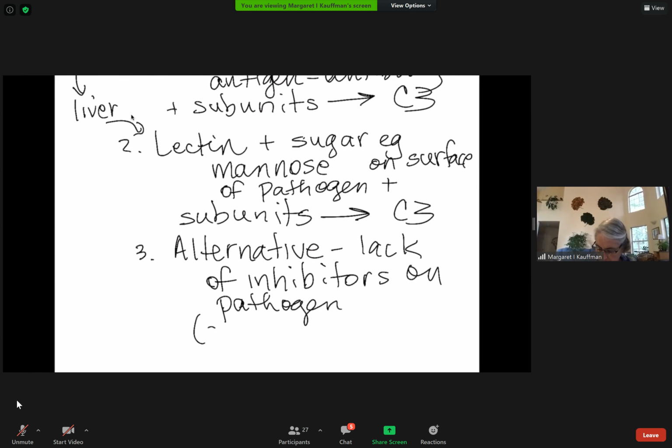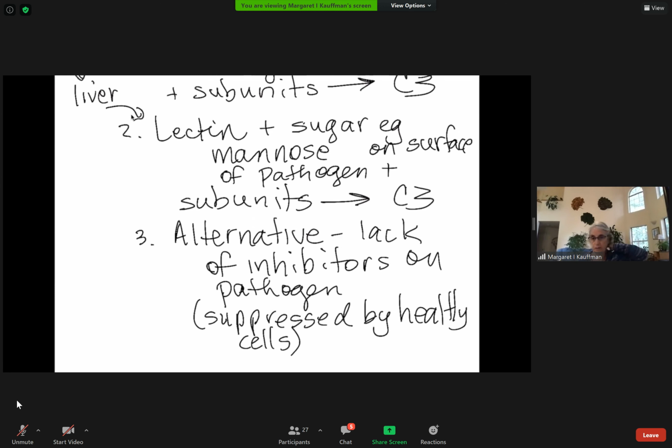It's suppressed by healthy cells. But when you have pathogens present and they don't have inhibitors on the outside, you can get this.